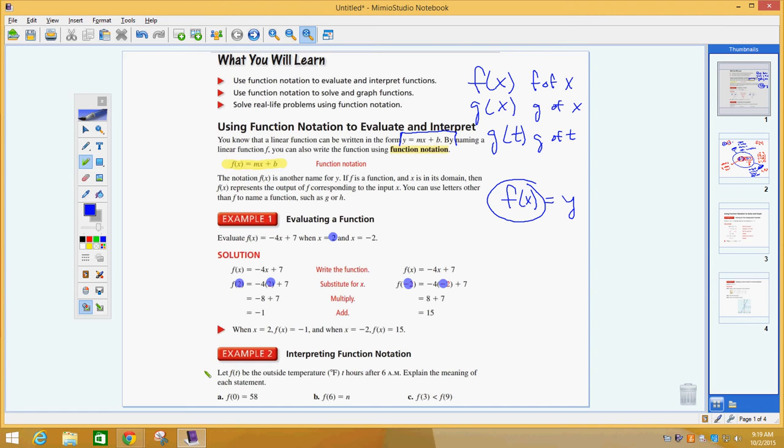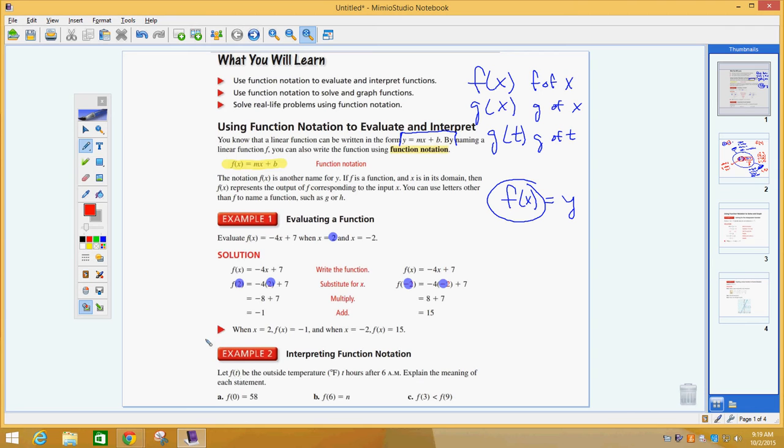Let's look down at this example 2 at the bottom, and let's do a little exploring, interpreting function notation. It says let f of t, no problem, it can be f of t.